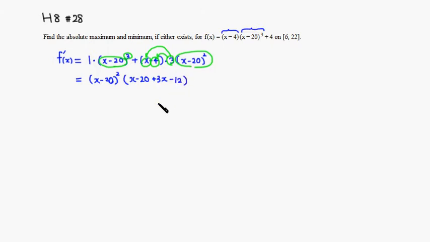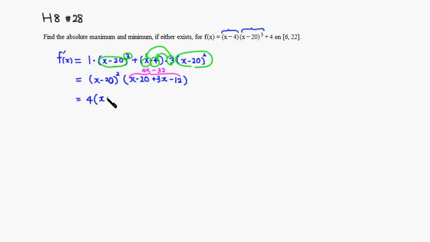So I'm just going to rewrite. This combined together is going to be 4x, combining these two, and 20 and 12 gives minus 32. So 4 is in common, so I'll pull out 4.